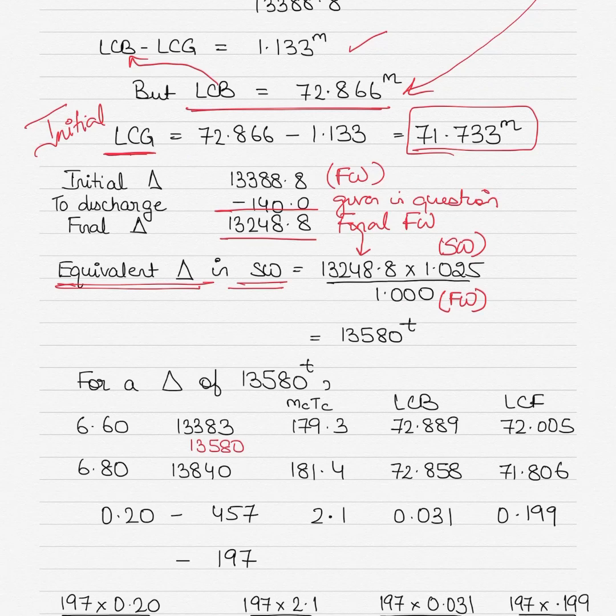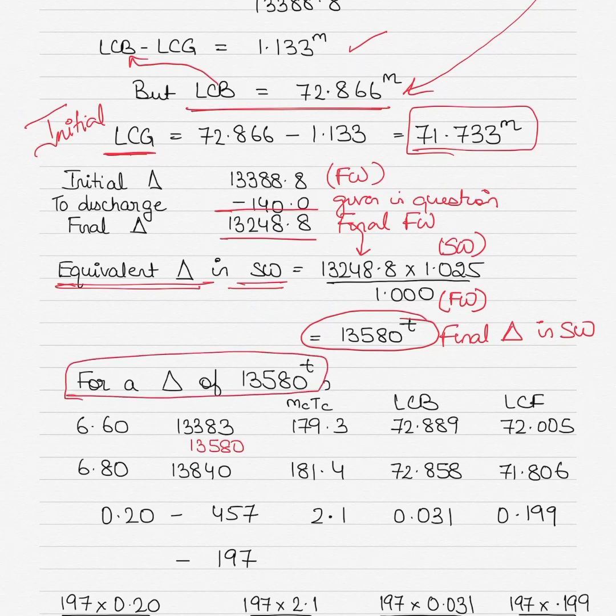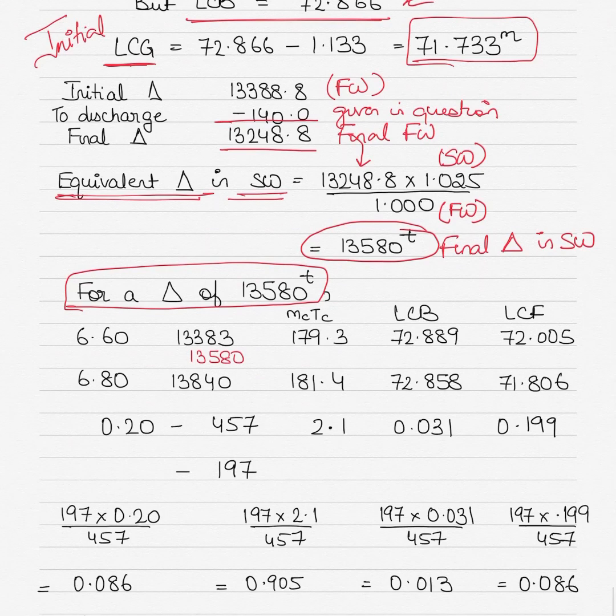Opposite of what you did previously when you were converting the seawater displacement to freshwater. Here you are converting the freshwater displacement to seawater, and you get your equivalent final displacement. This final displacement in seawater is 13580. So for a displacement of 13580 tons, you go back into the hydrostatic tables.